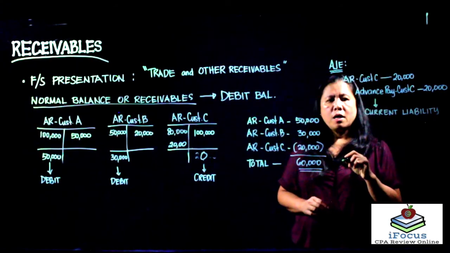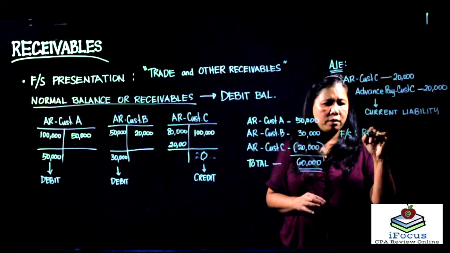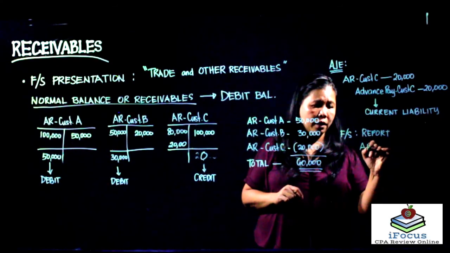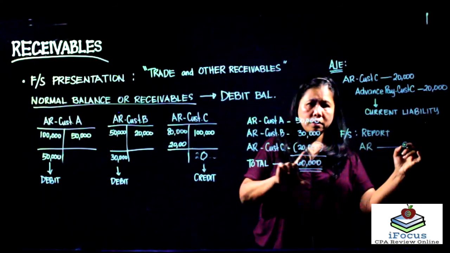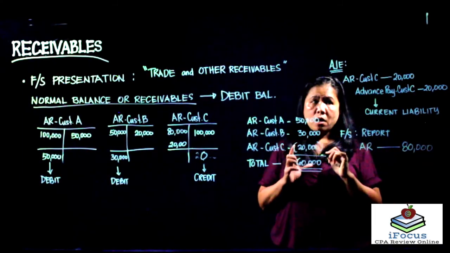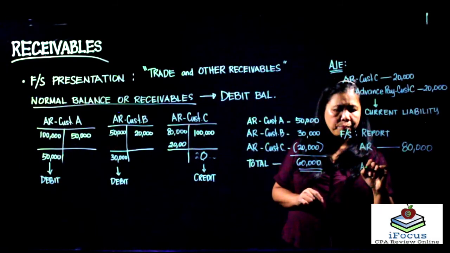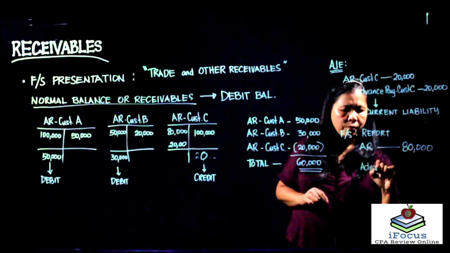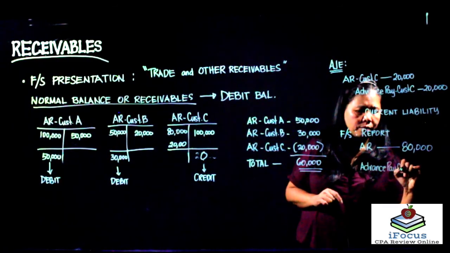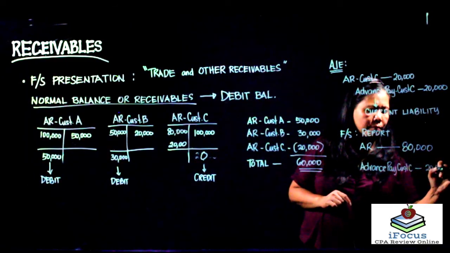All right. And on our financial statements, we will report accounts receivable of 80,000, not 60,000, but 80,000, and a current liability of advance payment from customer C of 20,000.